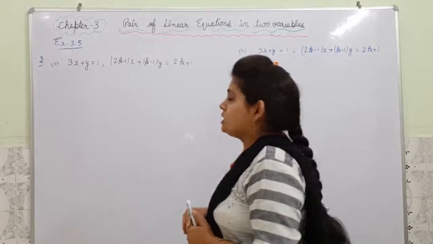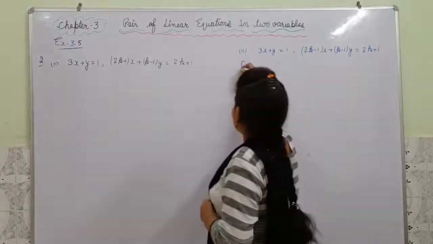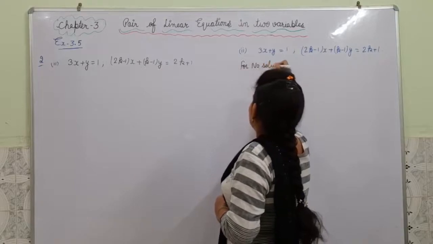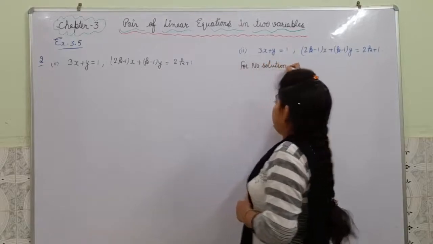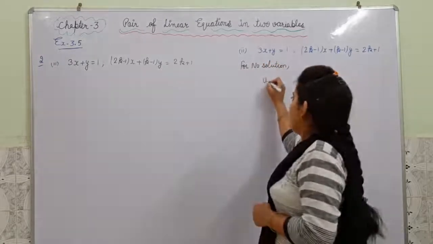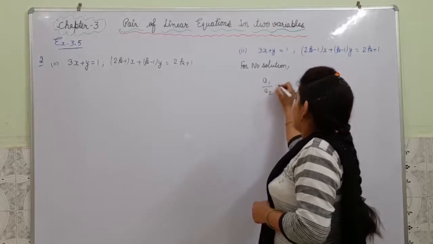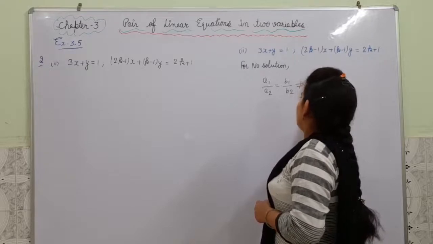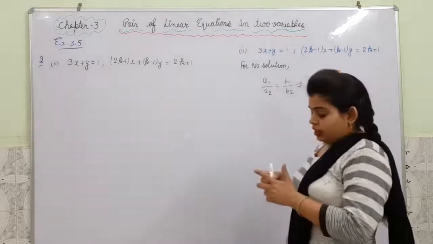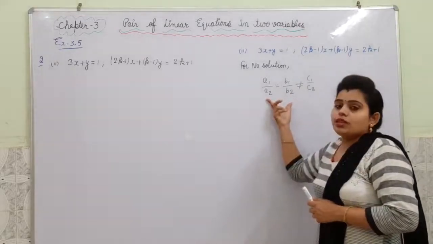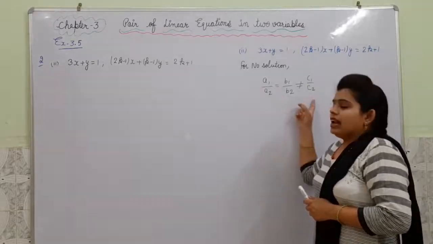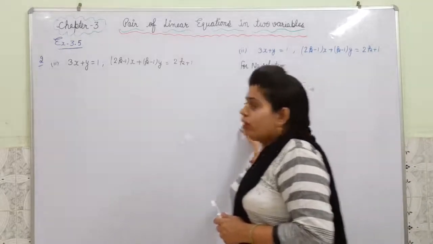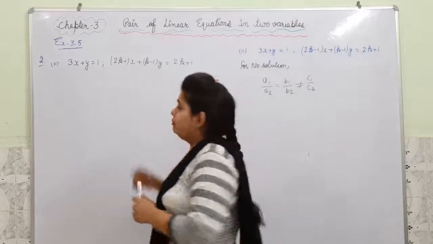And dear students, what is the condition for no solution? Yes, a1 by a2 is equal to b1 by b2 not equal to c1 by c2. In the condition of no solution, the first two terms are equal and the last term is not equal. So, using this condition, we have to find the value of k.